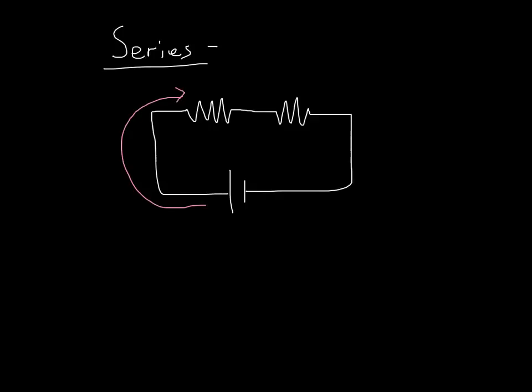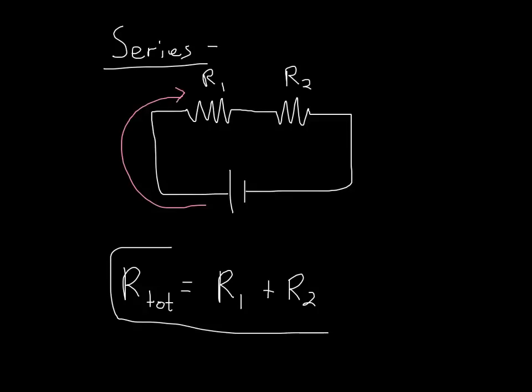It can't go up through a choice of the first or second resistance. So the resistors are in series with one another. One follows another. The total resistance in this case is going to be equal to the first resistor plus the second resistor. Resistors in series add normally. You don't have to worry about fractions with those.